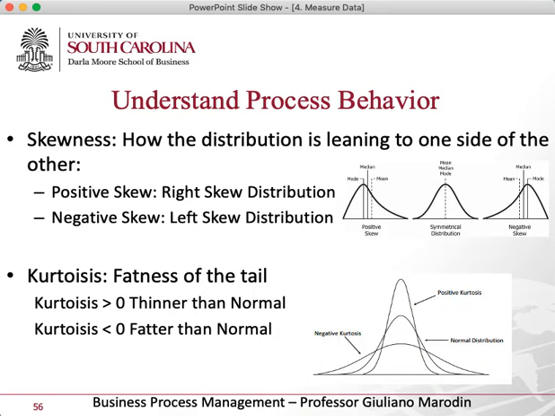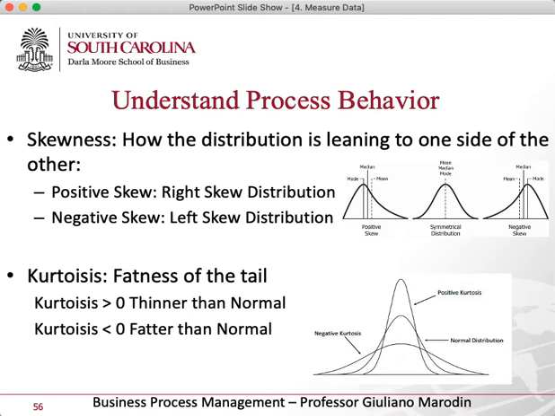The other parameter we're going to look at is called kurtosis. Try to practice a little how you're going to say that. Kurtosis is related to the fatness of the tails. If it's 0, it's exactly the normal.